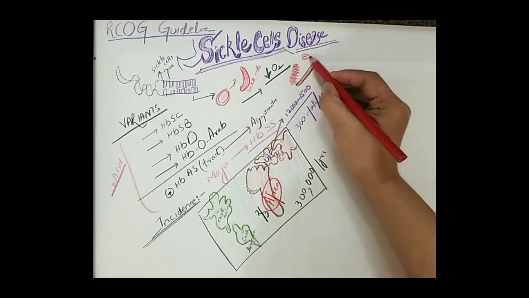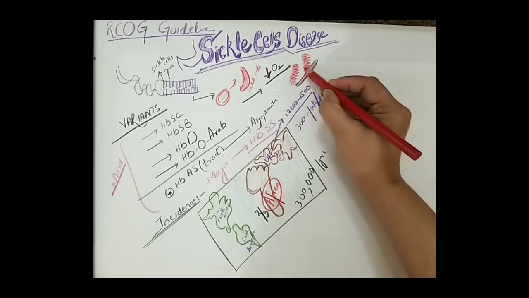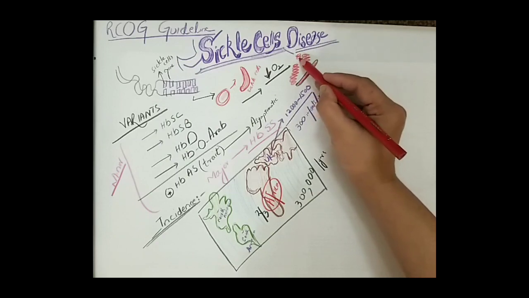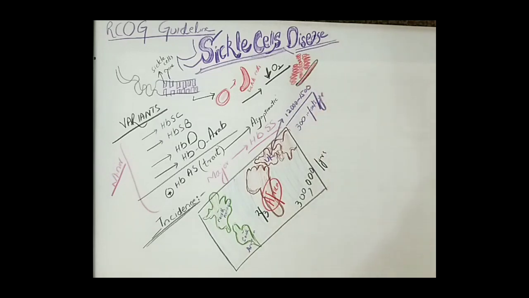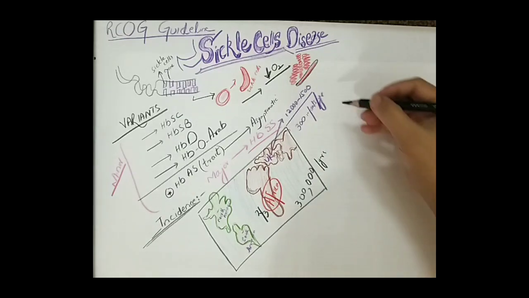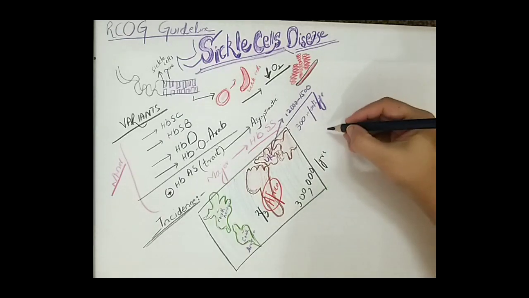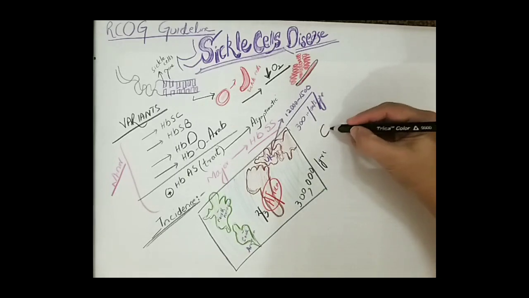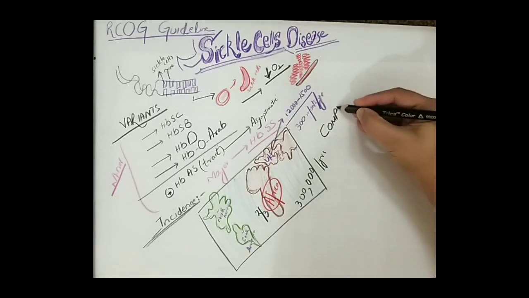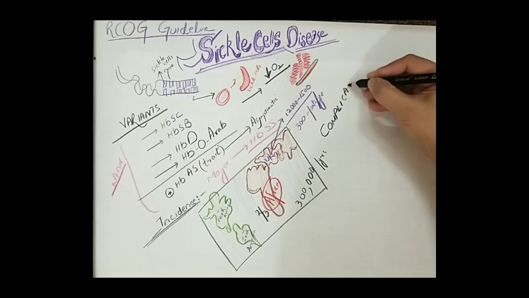So decreased oxygen results in polymerization of the hemoglobin. Okay, polymerization of the hemoglobin causes rigid and fragile sickle-shaped red cells, and these cells are prone to increased breakdown, and that causes hemolytic anemia and vaso-occlusion of the vessels, especially the small vessels.